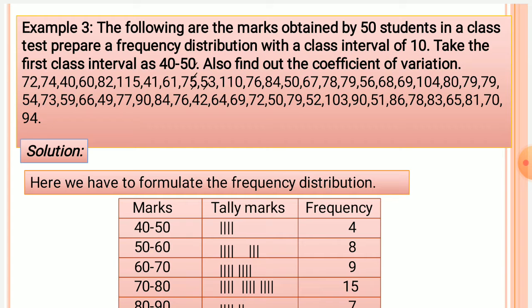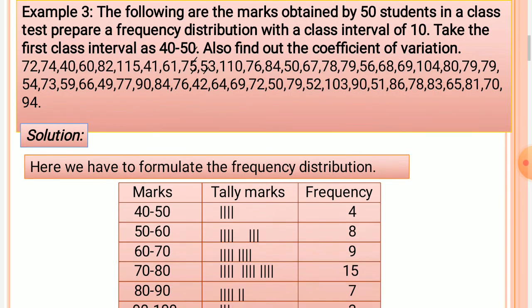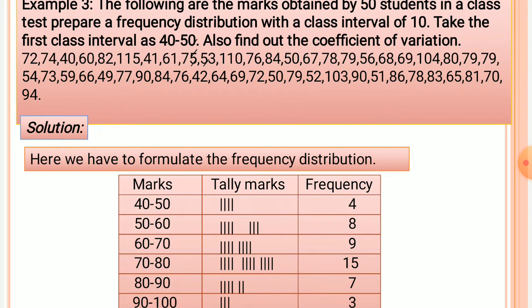Here the minimum mark is 40 and the maximum mark is 115. Therefore we consider a class interval of 40 to 50 in the beginning itself. In the first column, the marks class intervals are 40 to 50, 50 to 60, 60 to 70, with a difference of 10 each, because the problem states the class interval of 10.